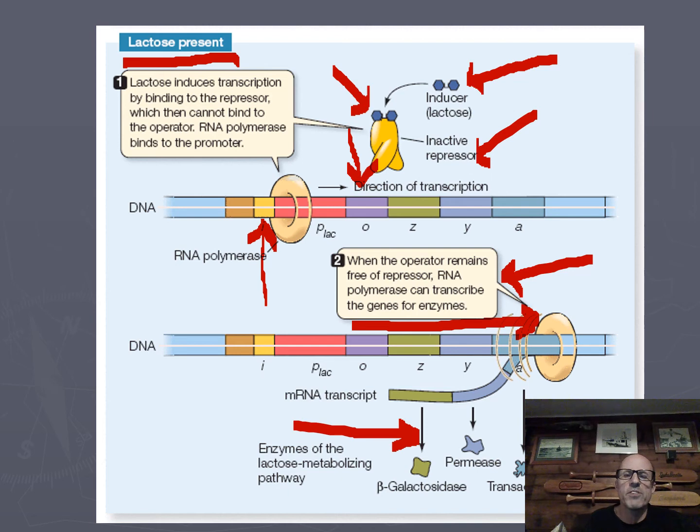So kind of interestingly, when you think about it, the presence of the substrate, which in this case is lactose, allows this whole process to occur so that enzymes which shut off its production can continue. So it's kind of a neat process when you think about it.